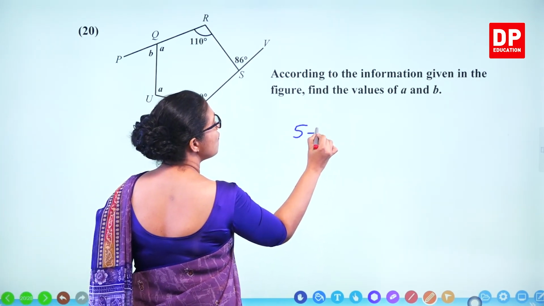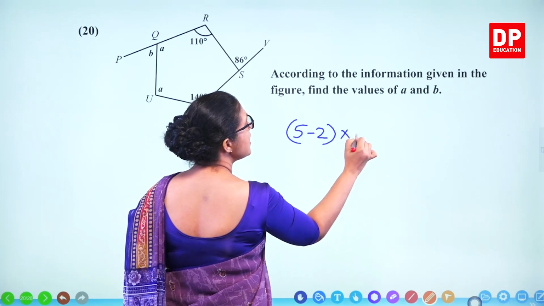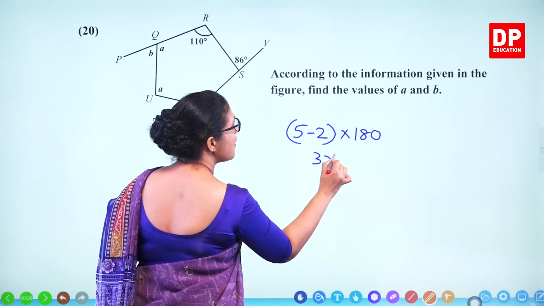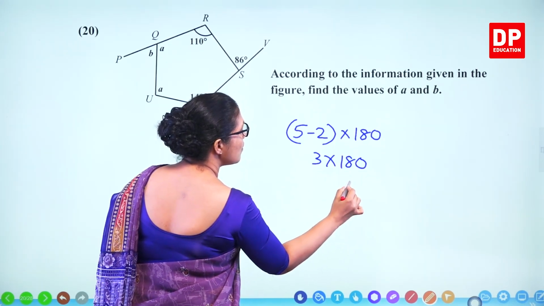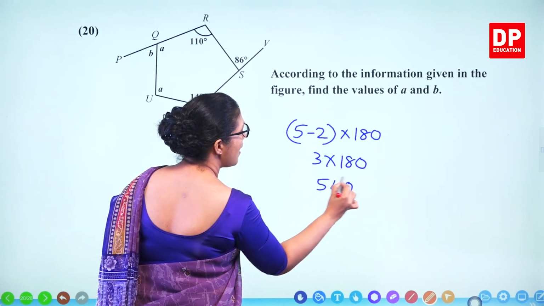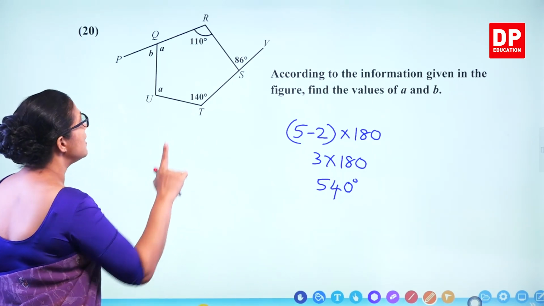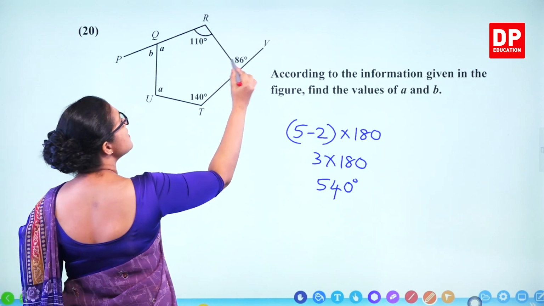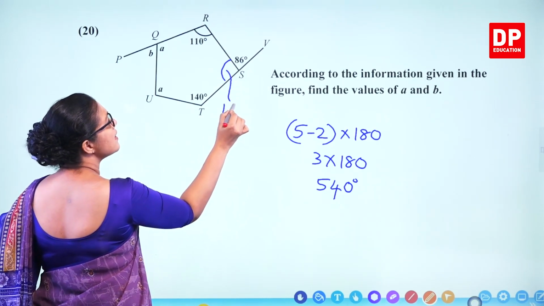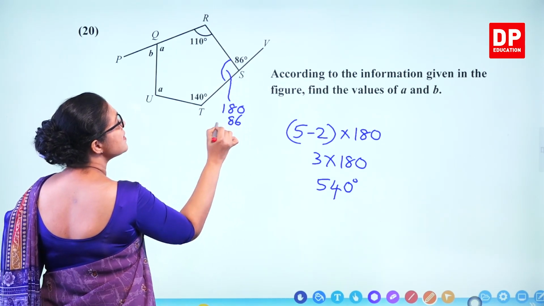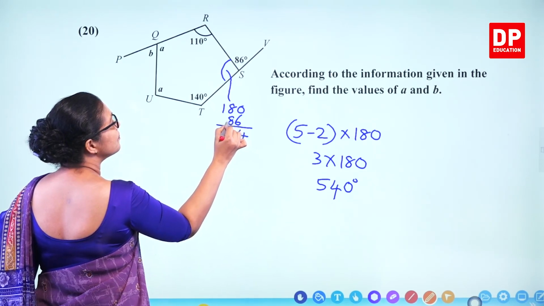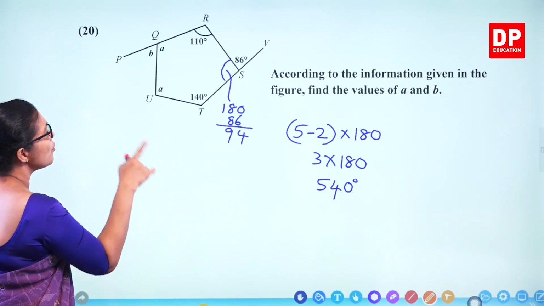How is that? 5 minus 2 into 180. 3 times 180, you get 540. If you know that, you can equate. This is 86 means what is this angle? 180 minus 86. 94.